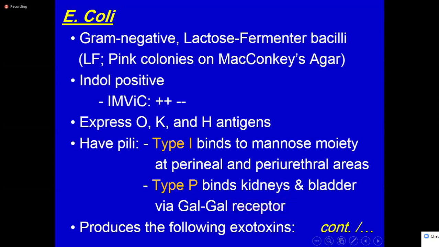So E. coli attaches to the perineal and periurethral area by type 1 pili. Type P pili bind to the kidney, the bladder and the ureter via the galactose receptor.